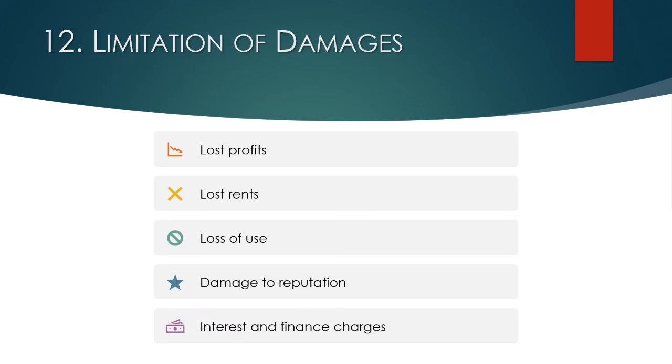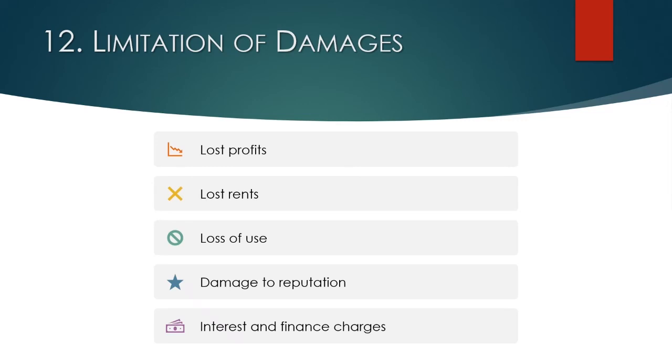An owner can have damages because it can't open the project on time, so that's a lost profits claim, or maybe it's a school and they have students that are going to be in the school and they can't put them in the school, so they've got to rent temporary facilities. Lots of different things can happen and damages can result if a project goes wrong.